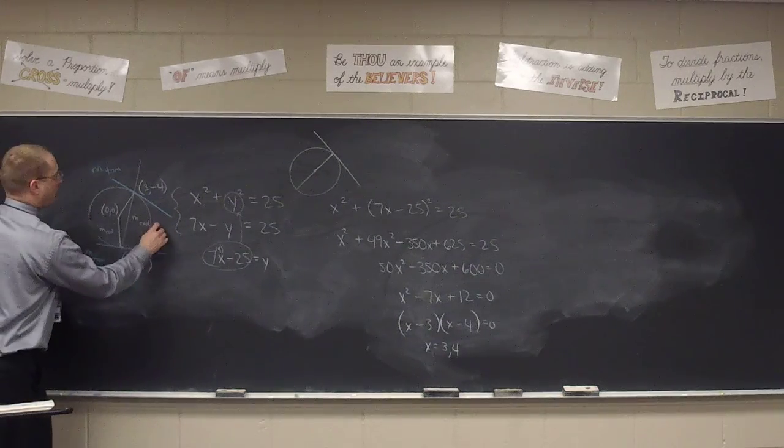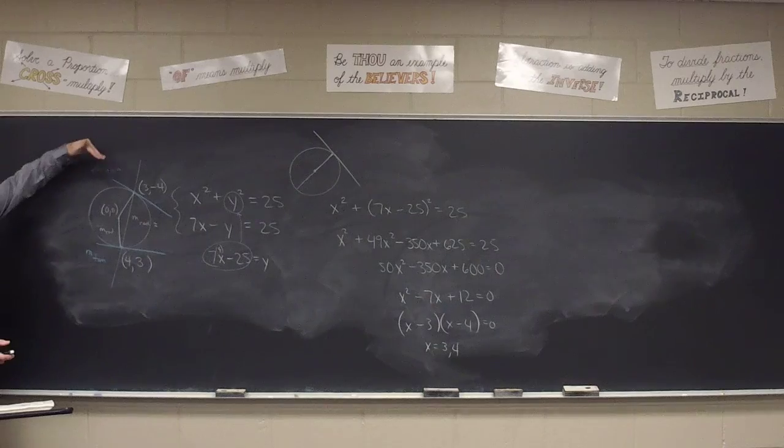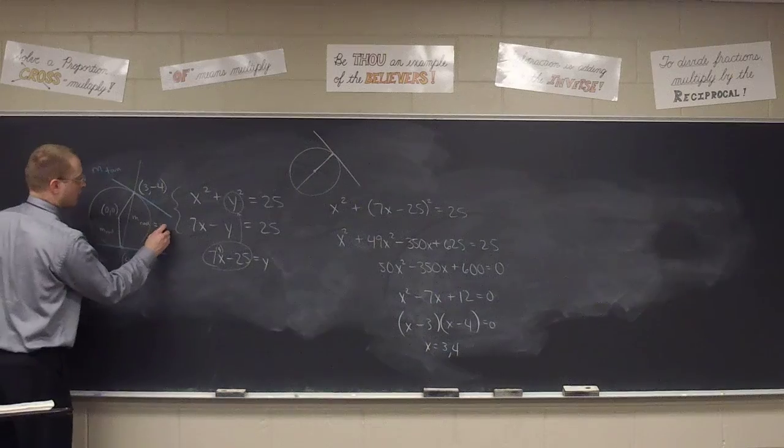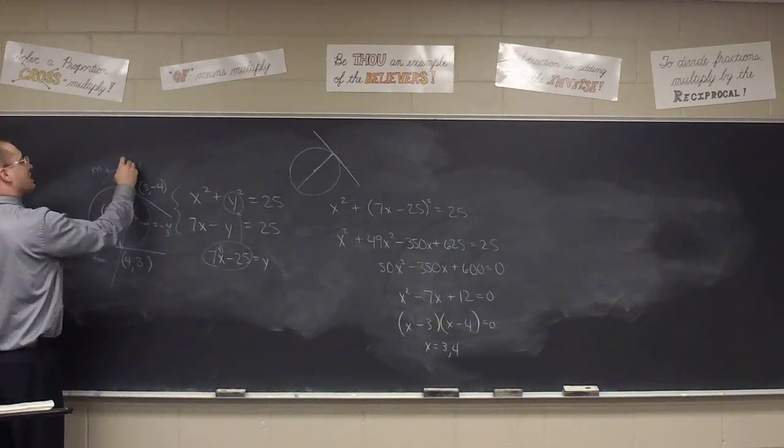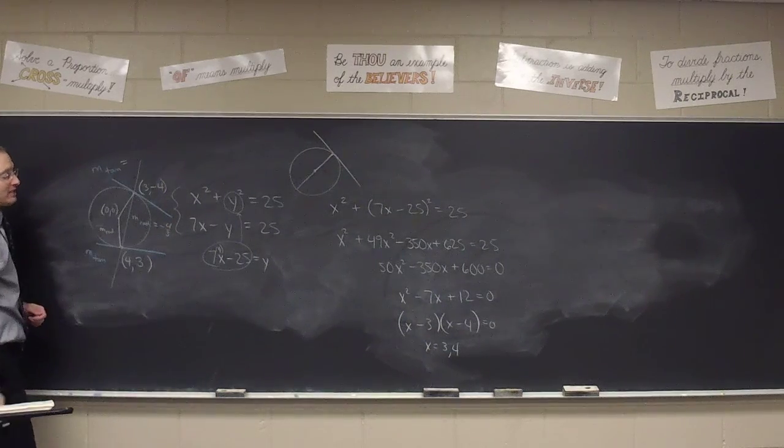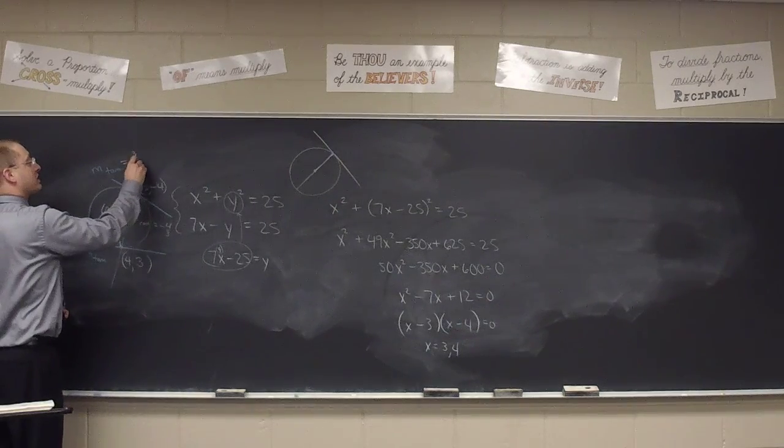What would be the slope of the radius from 0, 0 to 3, negative 4? Negative 4/3. All right, so what's going to be the slope of this tangent then, class? 3/4. Negative reciprocal.